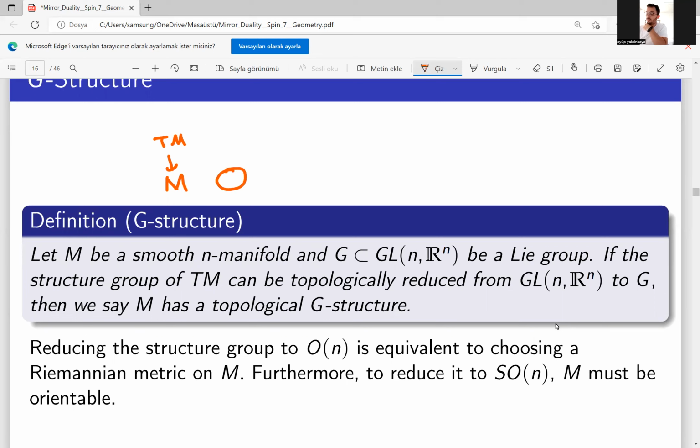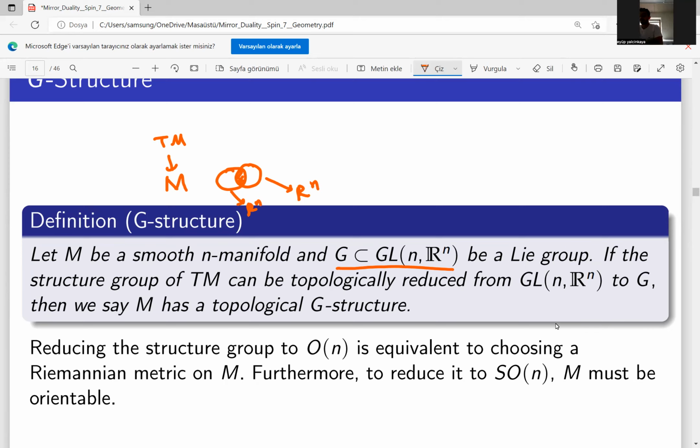For each point, you can find the set from Rn to Rn, okay? And for the intersection part, you can define an overlap function, and this function is an element of GLn, and this is named by the structural group actually.